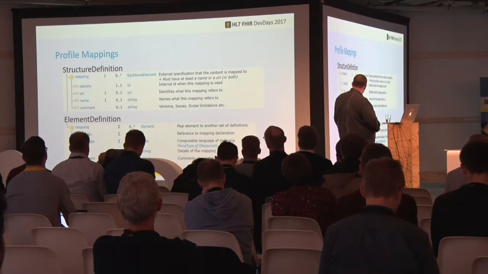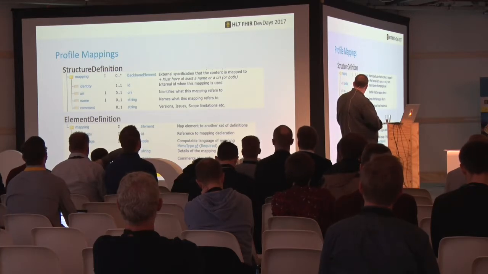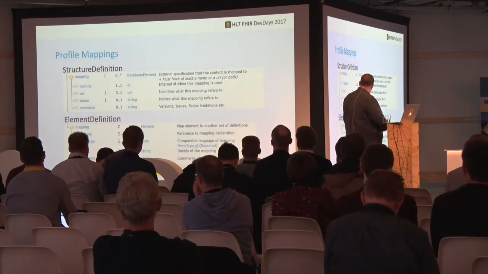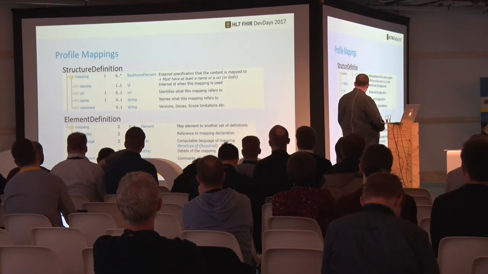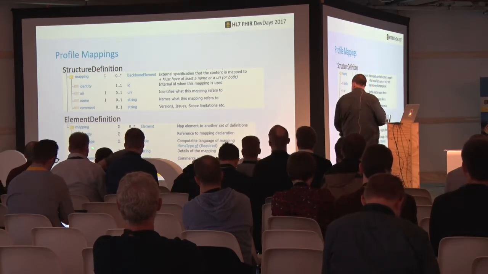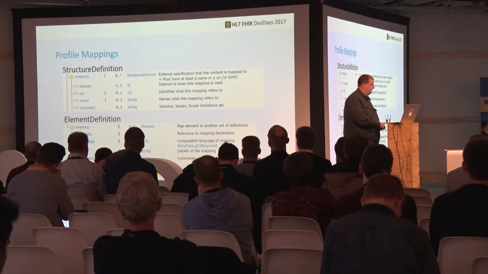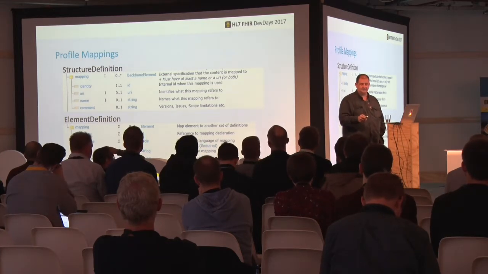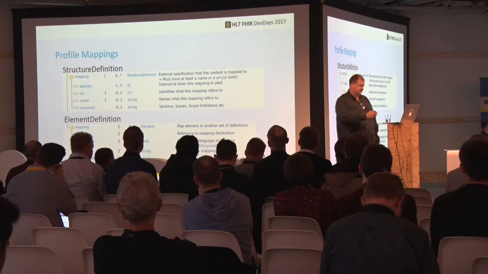And then for each element you can say, for this URI identified by linking the identities here, we have a mapping from, in some language which is often unspecified, the content in the FHIR element described by the profile to some other specification.